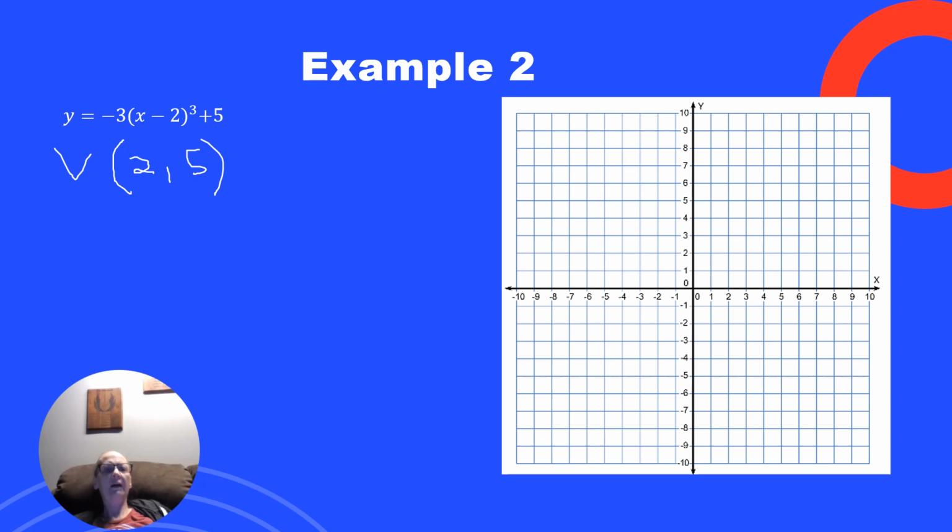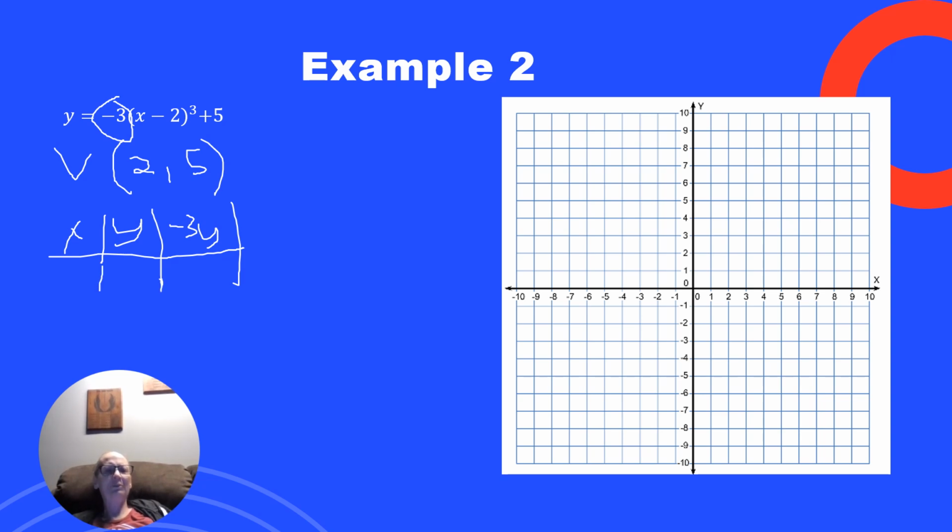And then I have an a here of negative 3. So I will have my normal graph, and then I will have negative 3 times the y value. I guess I didn't need the third box, but you get the idea.